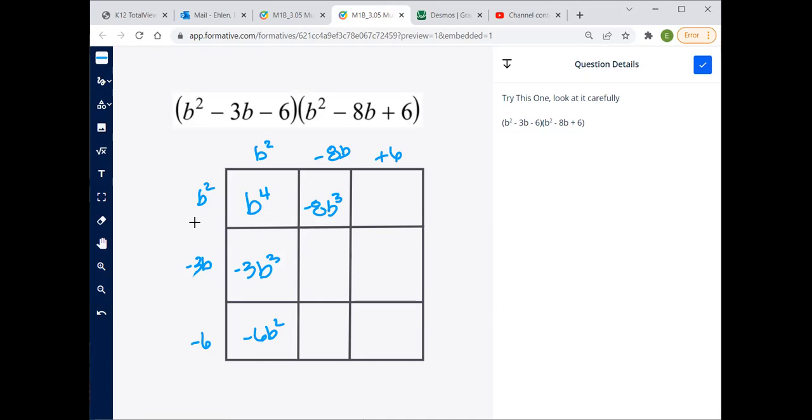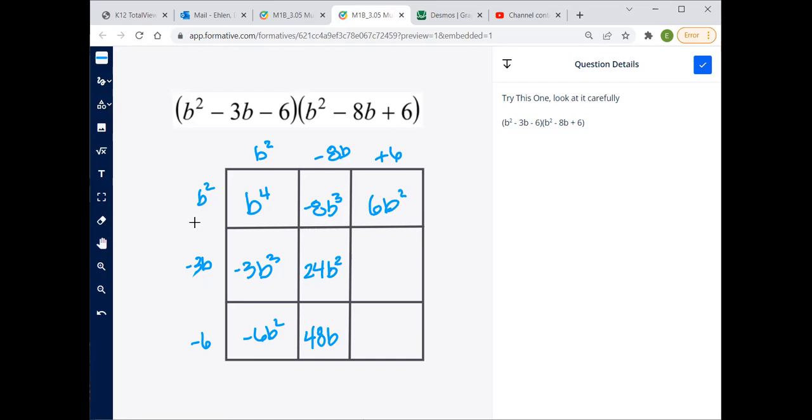Negative 3b times negative 8b is positive 24b squared. Negative 6 times negative 8 is 48, and bring that b along with b squared times 6, 6b squared.